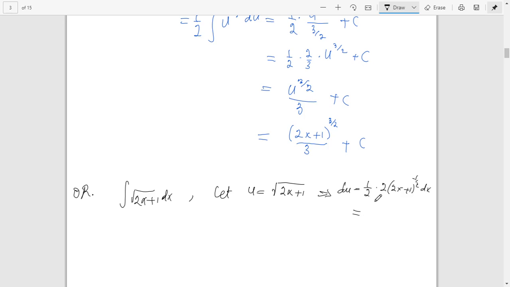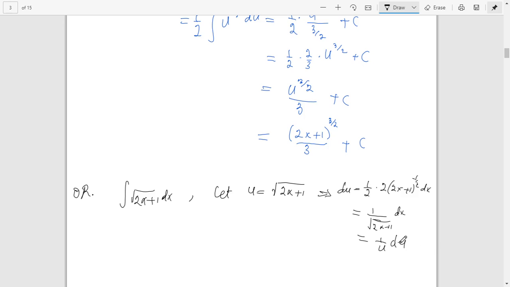This is the same thing as, 2 is going to cancel out, I just have 1 over square root of 2x plus 1 dx.